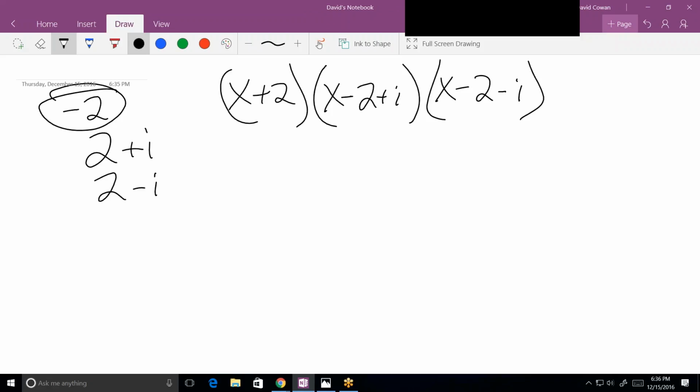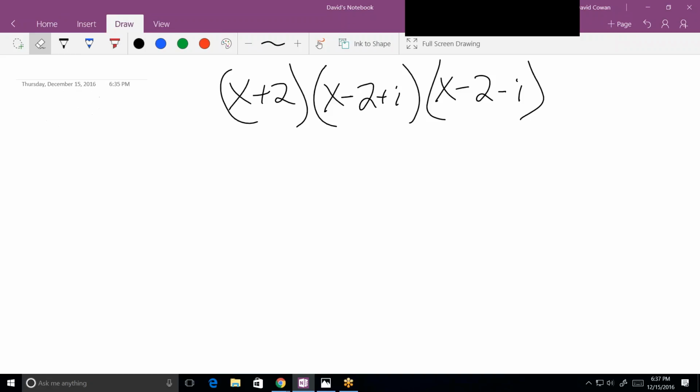Multiply those 3 together and you have your cubic. Which 2 would I multiply together first? The imaginary ones, because we know that's going to be a quadratic. When I multiply these 2 together, I'm going to eliminate the i, and I will have just a regular quadratic.